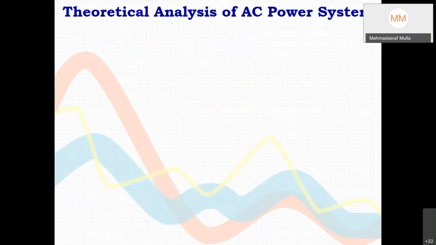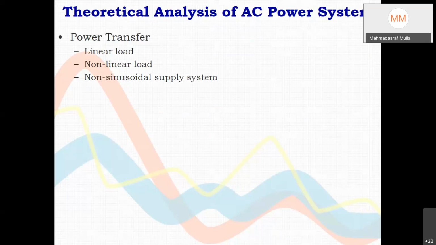So in theory, what all do we analyze? The main thing is it is a network to supply electrical power. So how power transfer will happen, that should be clear. Incidentally, we have very few possibilities as a load.